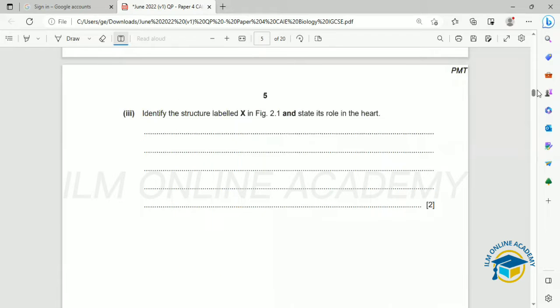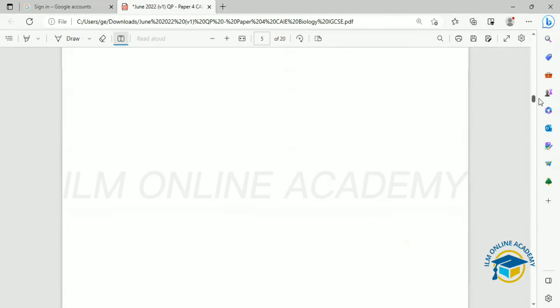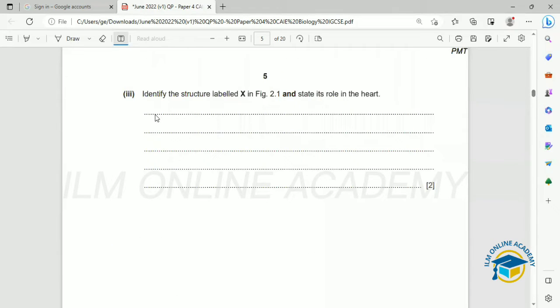Then identify the structure labeled X and state its role in the heart. Okay, so the structure that is labeled X is semilunar valve. If we are to talk about its function, let's just write it down first.